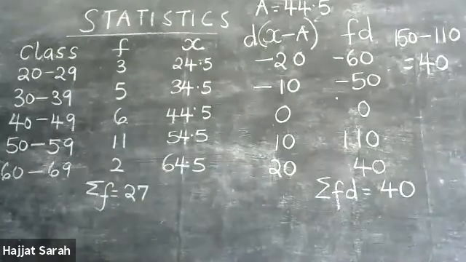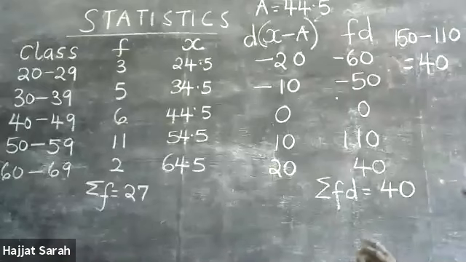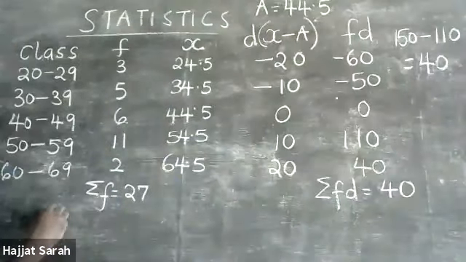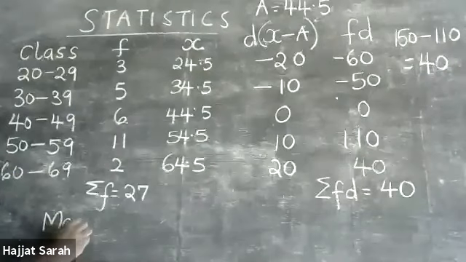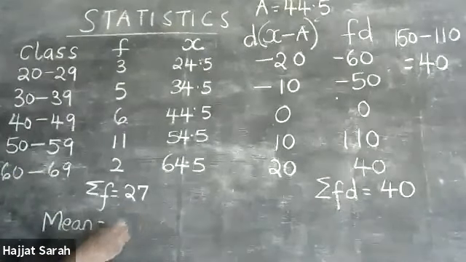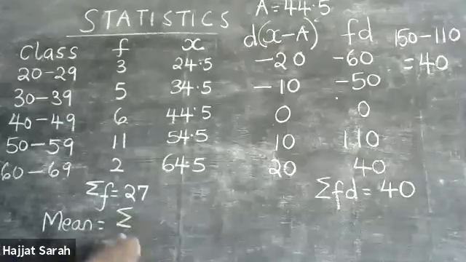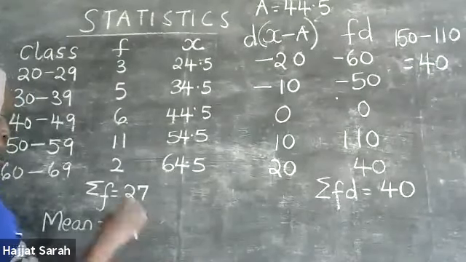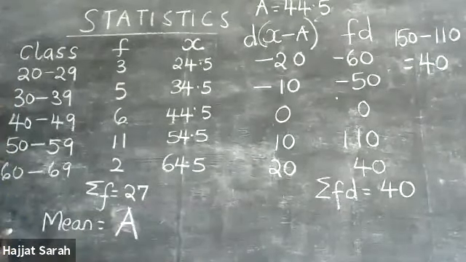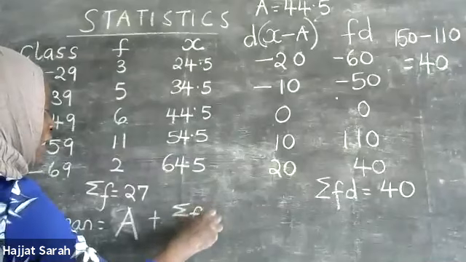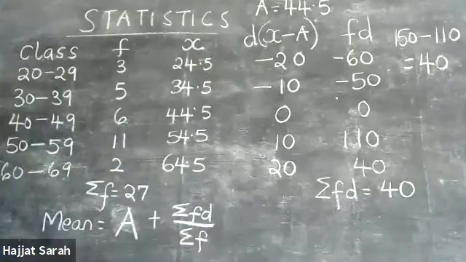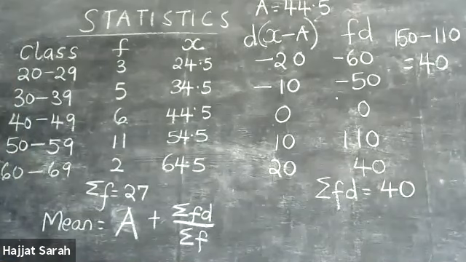Okay. Then how do we get the mean after doing this? Now your mean will be your working mean, which will be represented with the letter A, and then we add the summation of FD over the summation of F. Now, what do we need to remember?